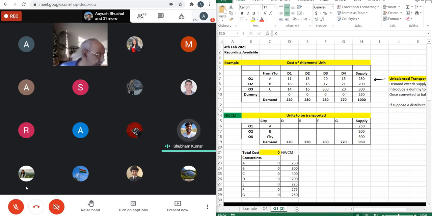Ask. Sir, when we apply the northwest corner method and get the results, and then want to check with the simplex by the solver, which cells are taken as the destination?